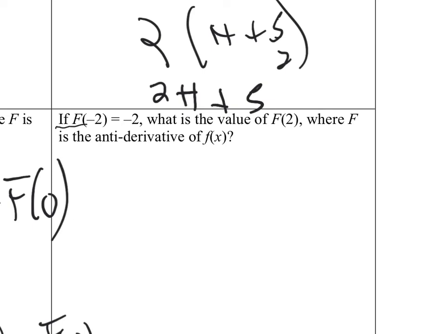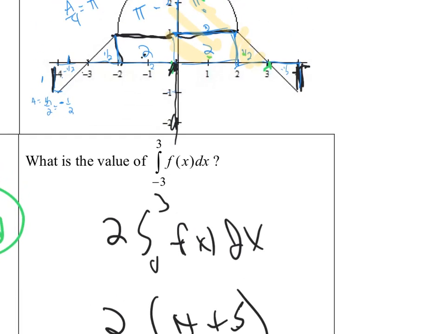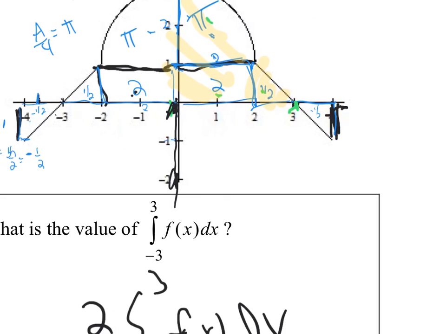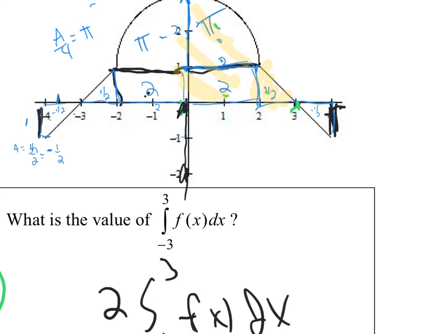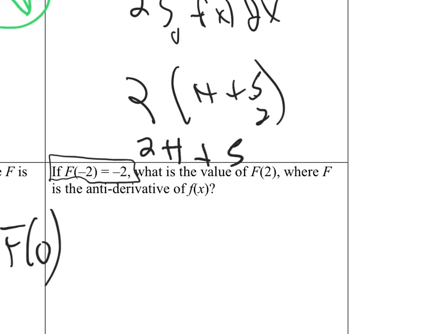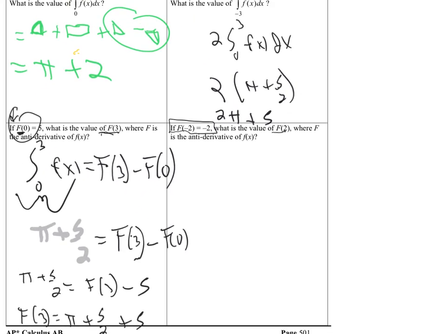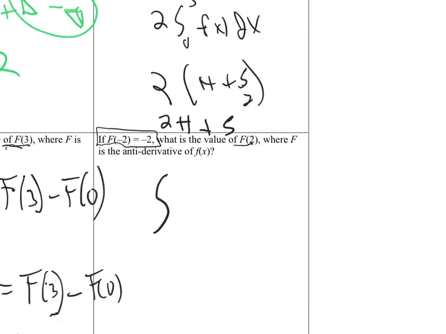If f of negative 2 is negative 2, so if I go back to my picture, f of negative 2, he's giving me another starting place. So hold on to that. What's the value of f of 2? Well, we know, again, that if we're going to integrate, I don't want to do 0.